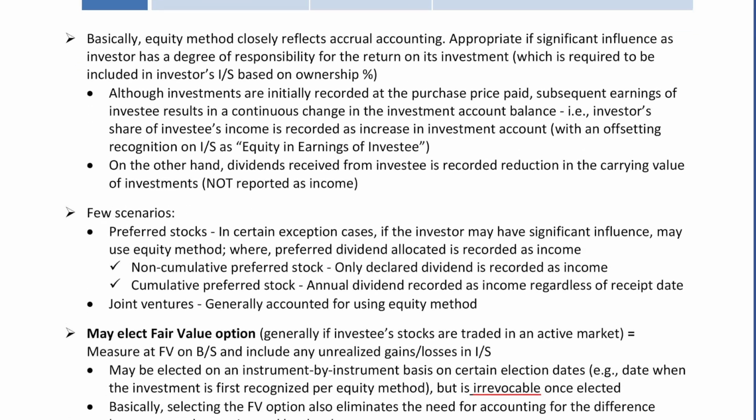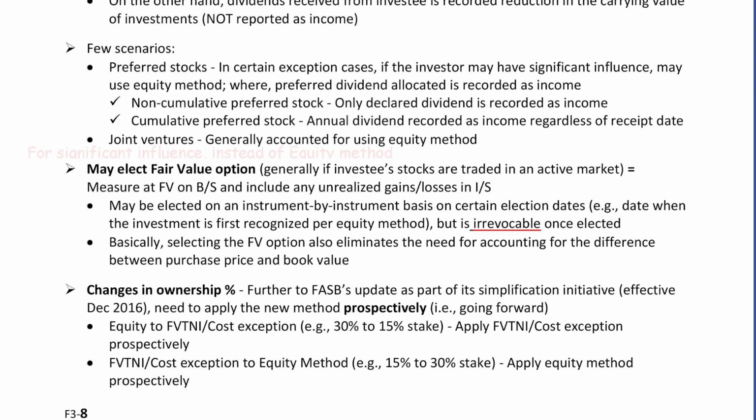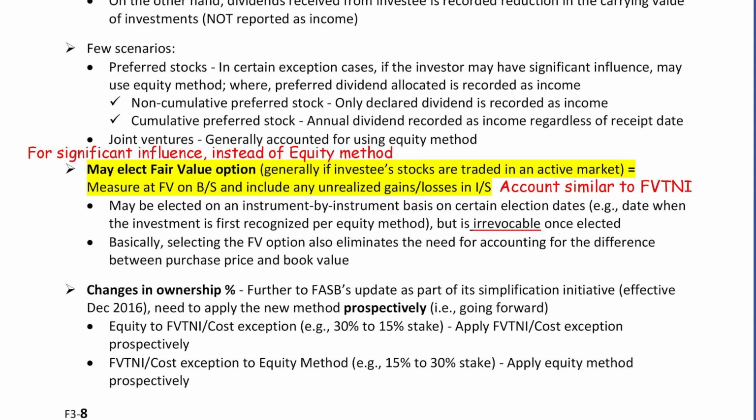Scroll down on this page, and on the third major bullet, for significant influence, instead of the equity method, highlight may elect fair value option.